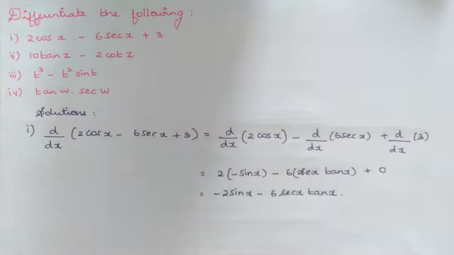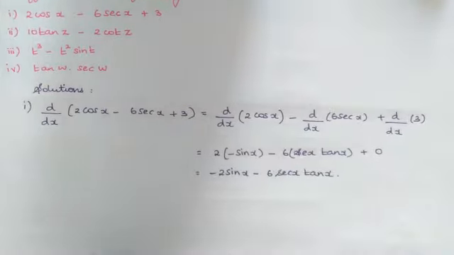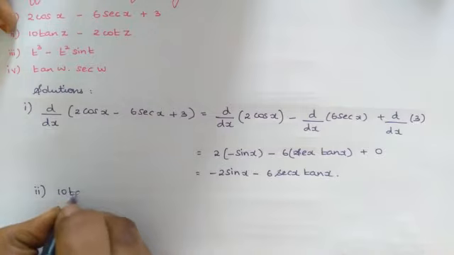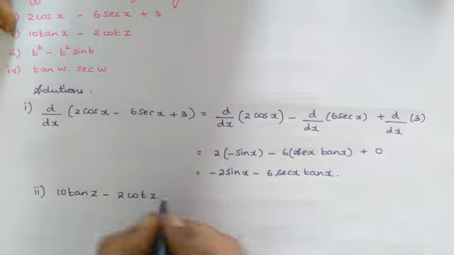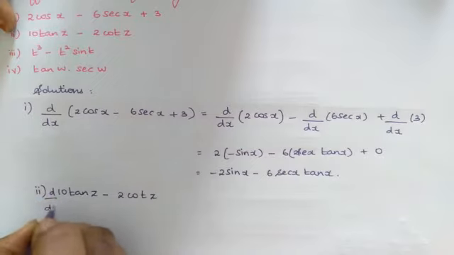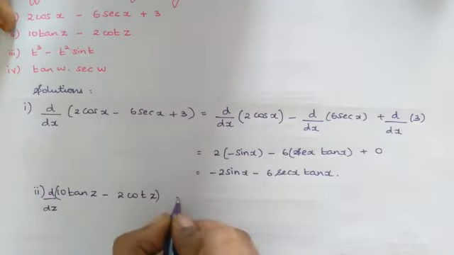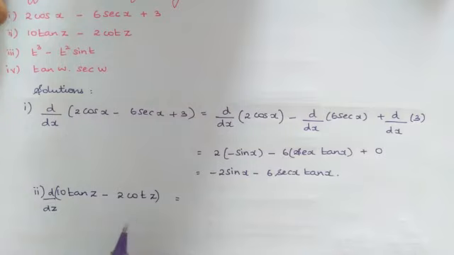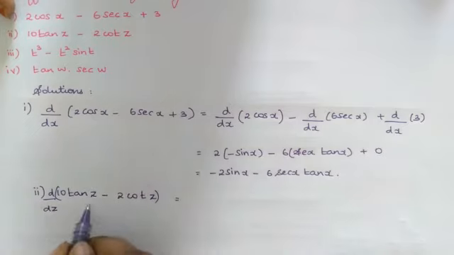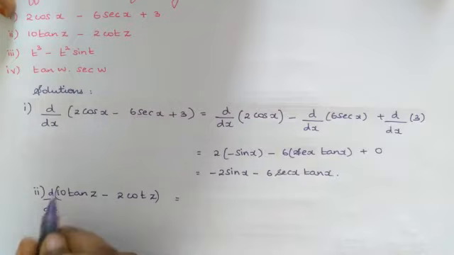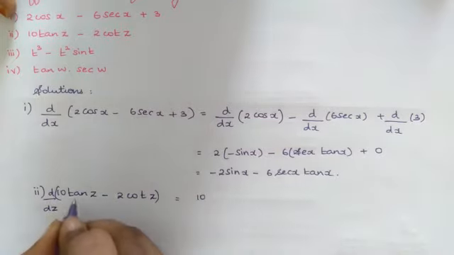Next sum, second subdivision: 10 tan z minus 2 cot z. We are going to differentiate with respect to z here. So d by dz. Again, this is a polynomial. We are going to differentiate 2 terms here, so there is no need to write this step. Let's proceed directly. First, we differentiate 10 tan z. Have the coefficient 10 as it is.